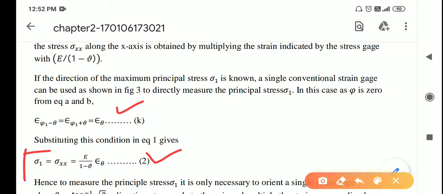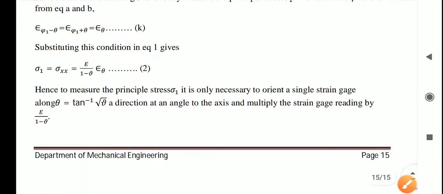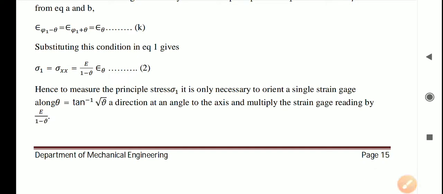This way you can determine the stress value. So the stress gauges are nothing but the gauges which are used to directly measure the stress of the material or a machine. Okay, so you are not going to use the strain gauge roses in here. Just by proper arrangement, you are going to get the stress value by these calculations.